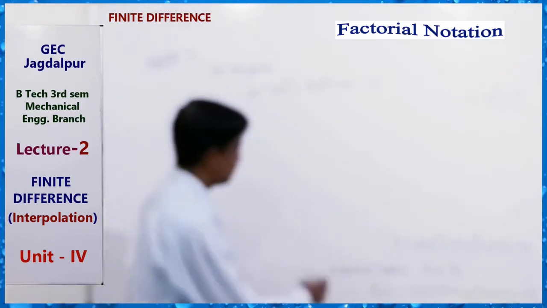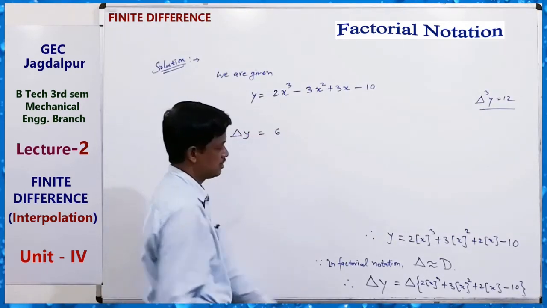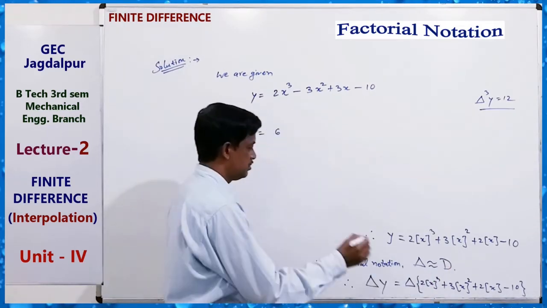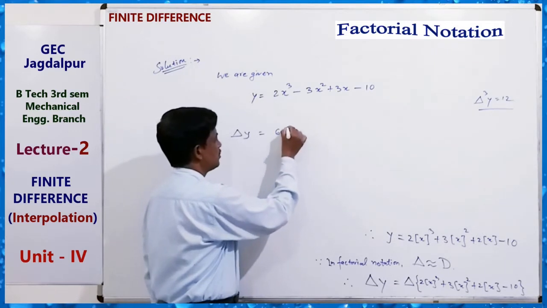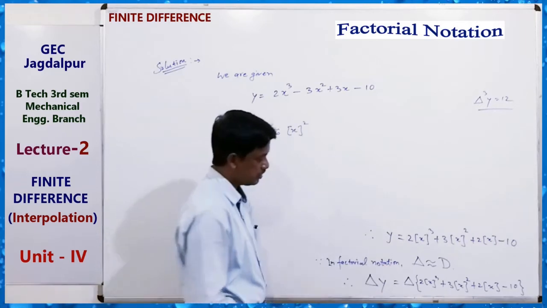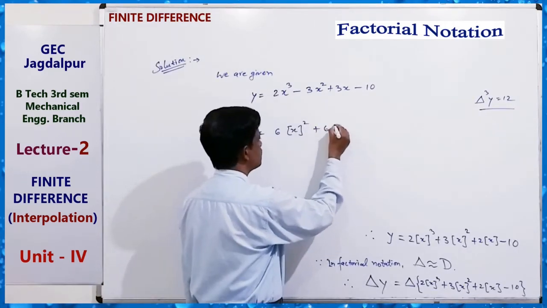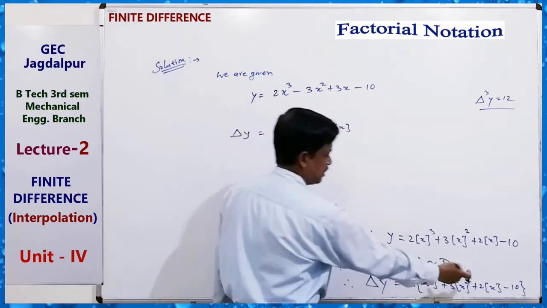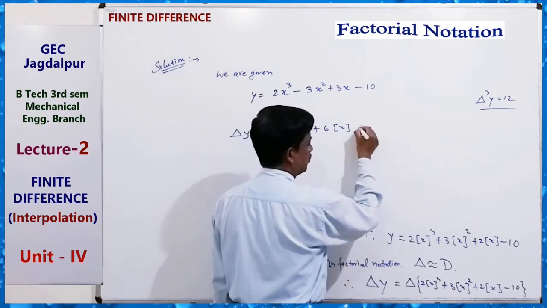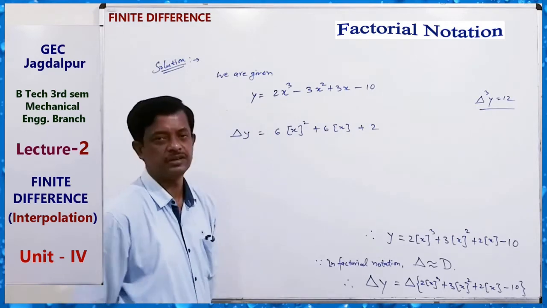What? del y equals 6, to this x cube means 3x square means 6, this. Now here 6x plus 6x, and here 2, minus 10, 0. Just do differentiation.